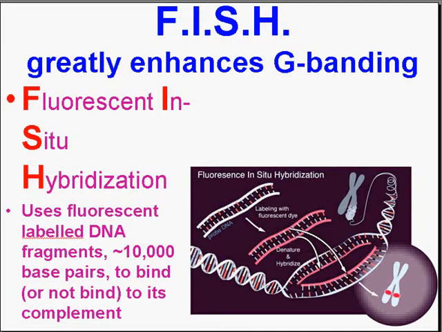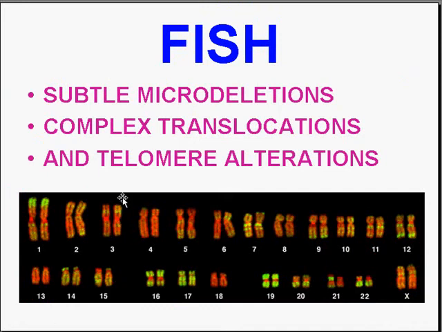It's a very logical process, and FISH is much more accurate than G banding, because you can see very small deletions, complex translocations, and telomere alterations, things you just cannot see with G banding.